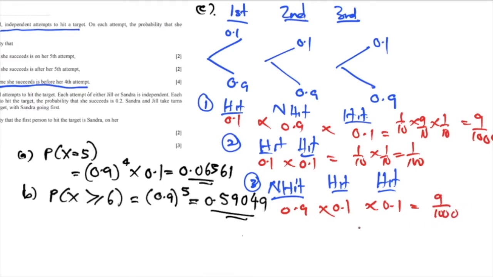Let's add: 9 over 1000 plus 9 over 1000 plus 1 over 100, which is 10 over 1000, giving 28 over 1000, and your answer is 0.028.